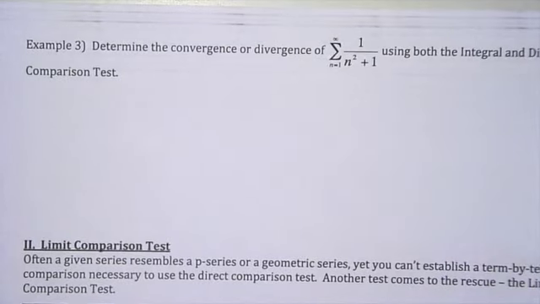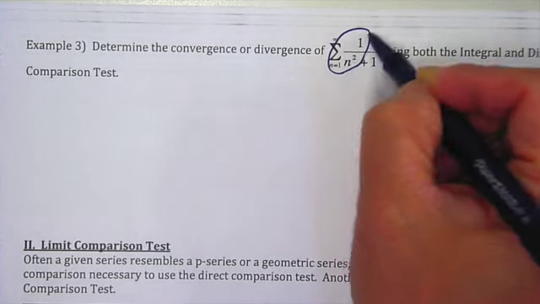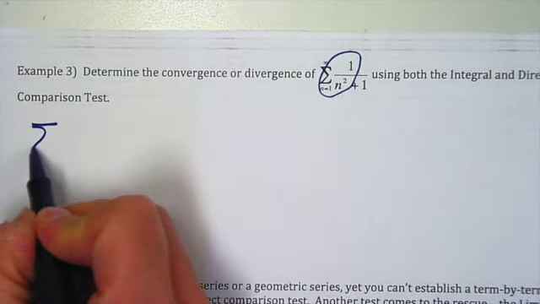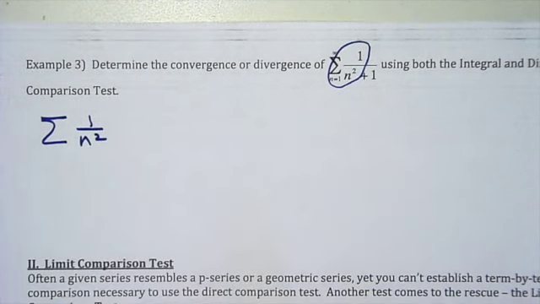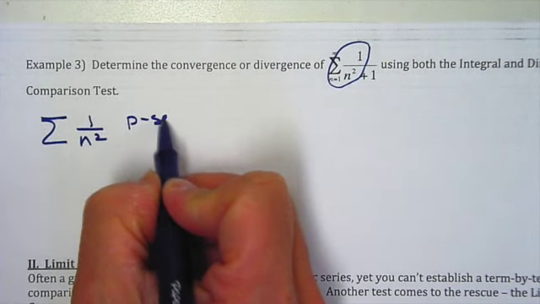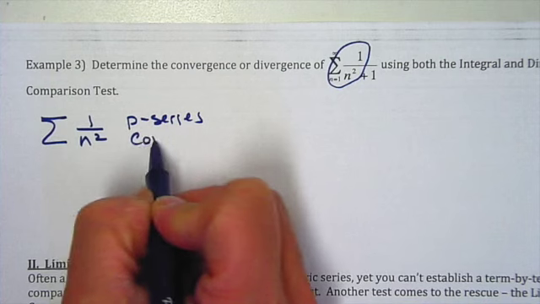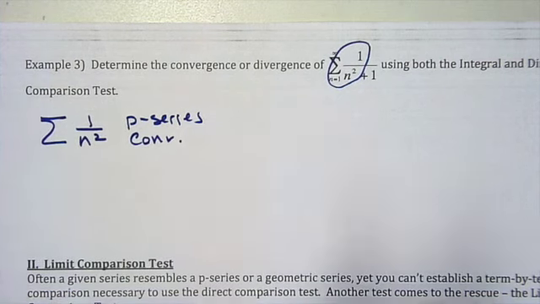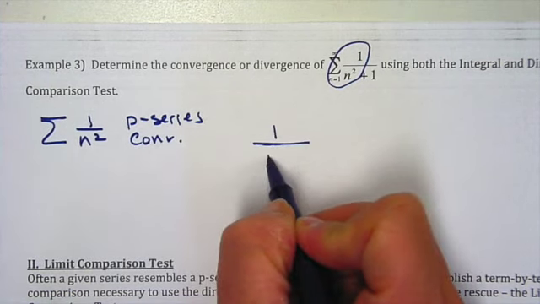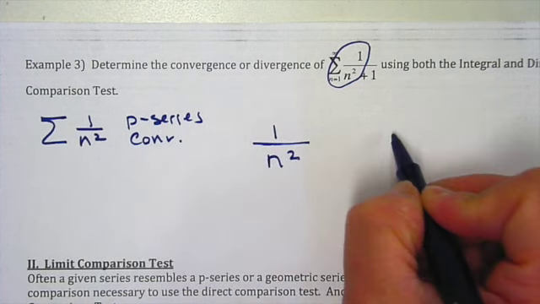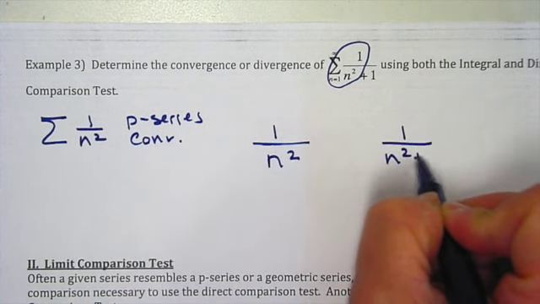Let's try one more. Okay, look at this series. You see there is another p series that's embedded. So first thing is, let's figure out what's happening to this. This is a p series that converges. Now I want to compare each term in that to the original series.